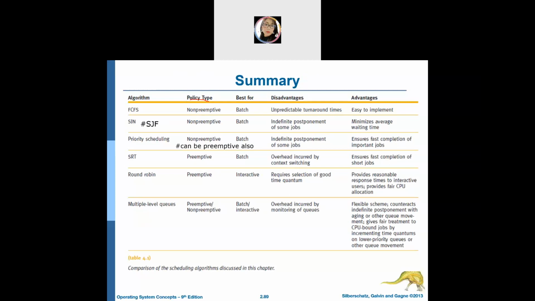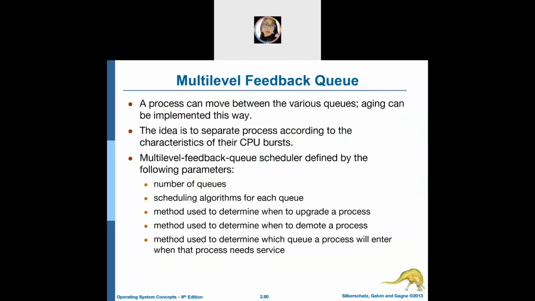So it is not just that, we have another one which is the multi-level feedback queue. A process can move between the various queues. Aging can be implemented this way. The idea is to separate processes according to the characteristics of CPU burst. The multi-level feedback queue scheduler is defined by the following parameters.